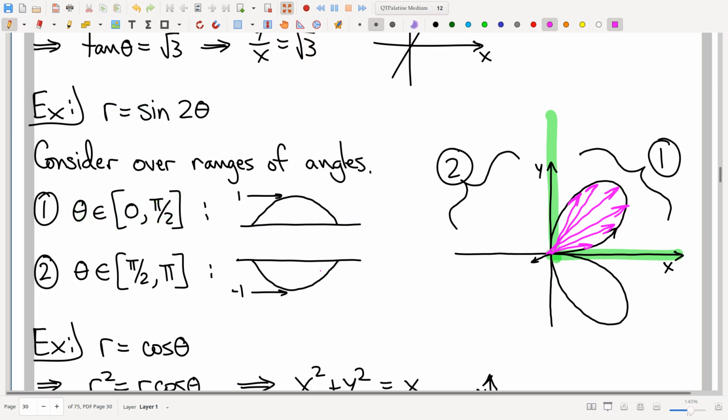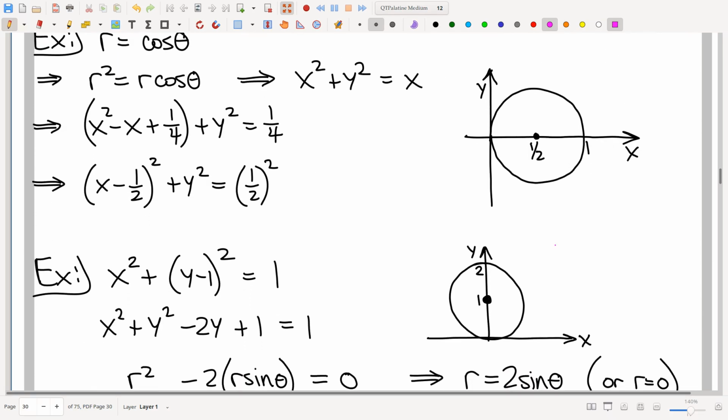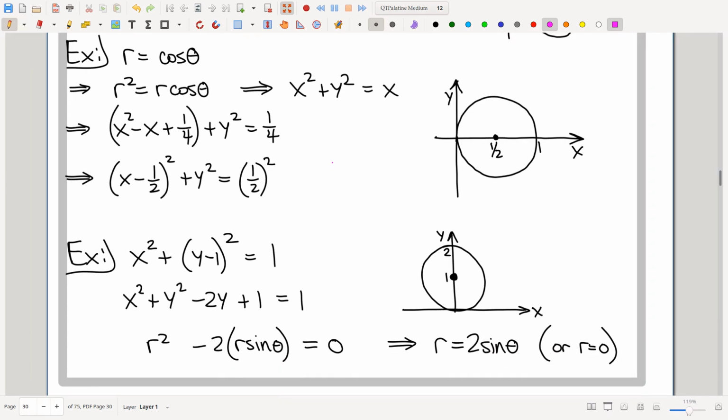Alrighty, moving along. A couple other little tricks that are good to have seen examples of. The little subtlety on this first one: you see this r, you think, ooh, I don't like r, but I love r squared. How about I square both sides of the equation?